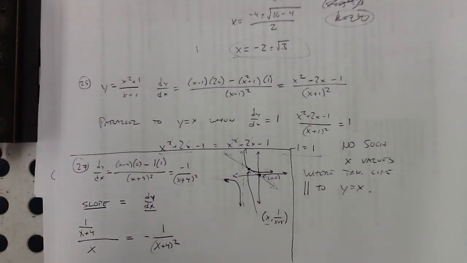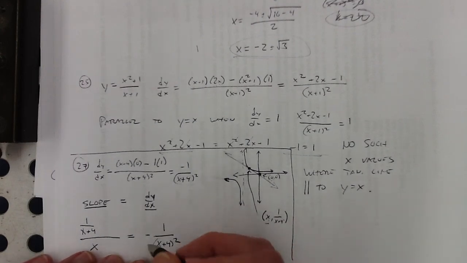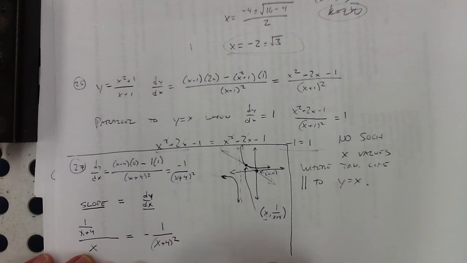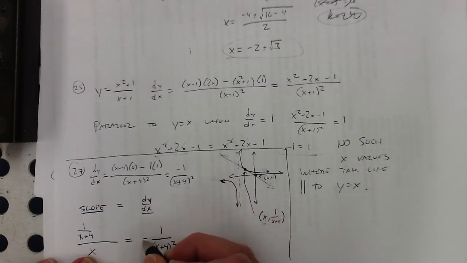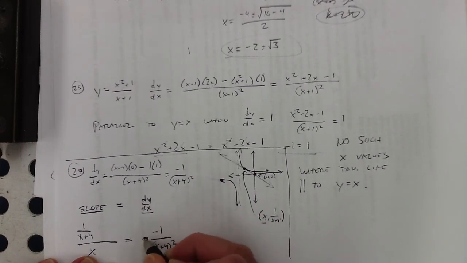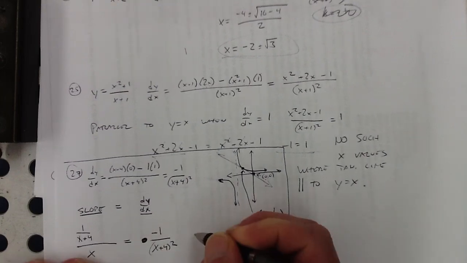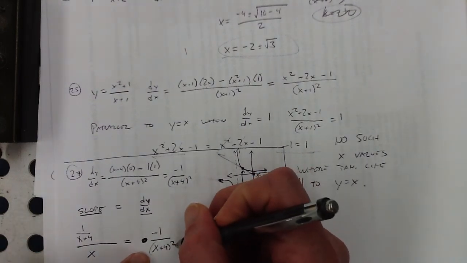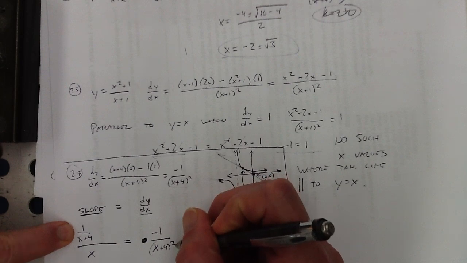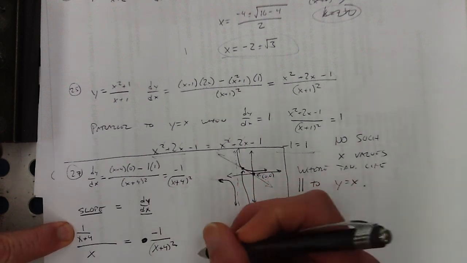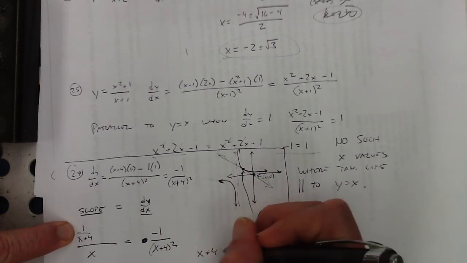Cool. And then I'm going to cross multiply, because I took algebra. We have to decide where we want this negative to be. I'm going to let the negative belong to the 1 at the top, and I'm going to cross multiply. So (x plus 4) squared times 1 over (x plus 4) is just x plus 4, because one of them cancels out.